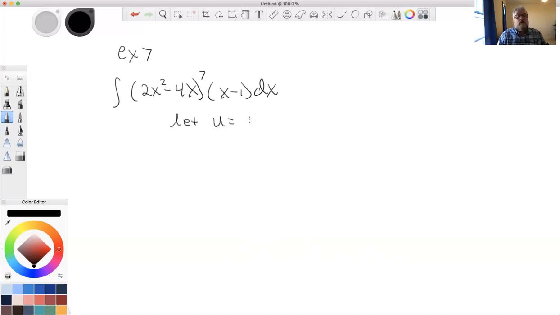Let u equal 2x squared minus 4x, and then du, the derivative of 2x squared is 4x, so 4x minus 4 dx. Now let's see, do we have 4x minus 4 dx? No, we have x minus 1. Well, that's really darn close, isn't it? If we could multiply it by a 4, 4 times x minus 1 will give me 4x minus 4, right?